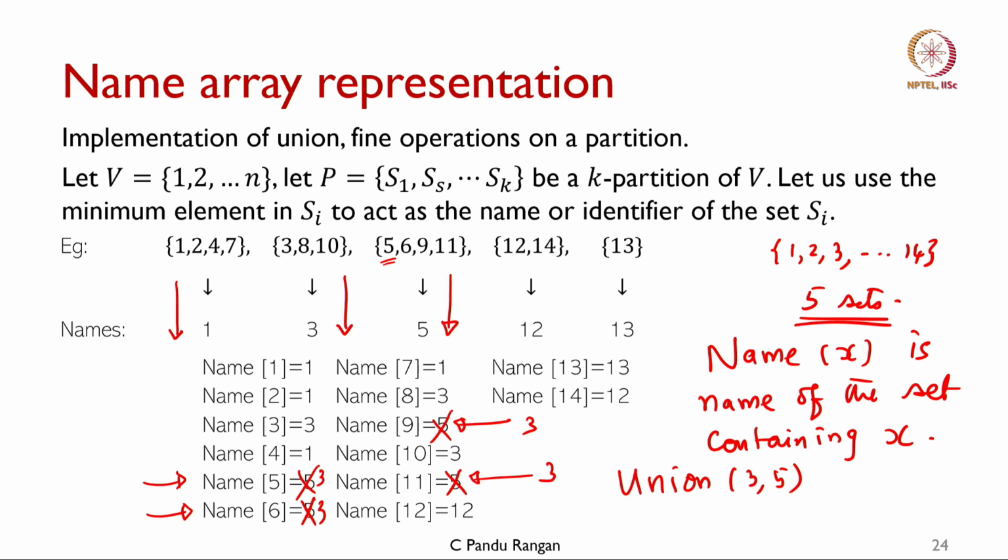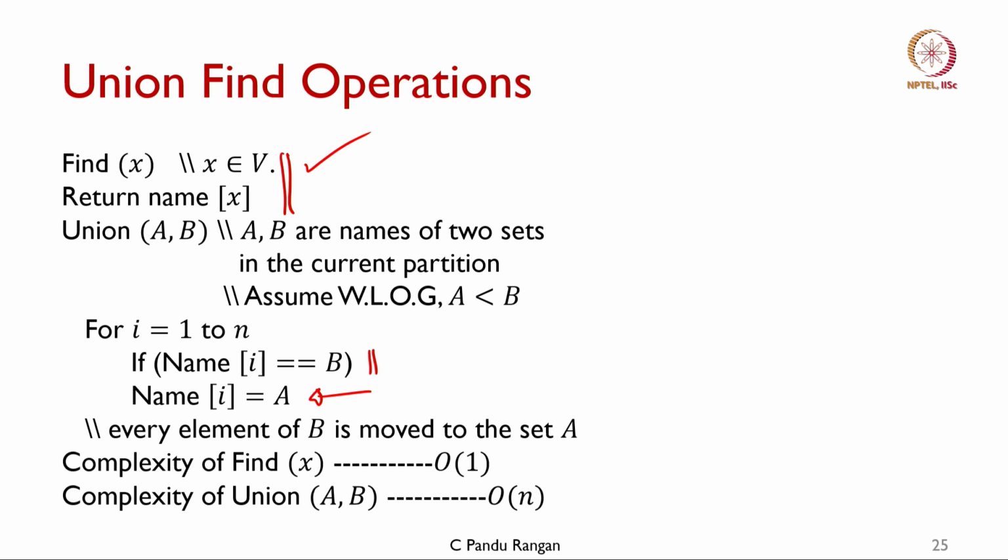That is the logic implemented here. For i equal to 1 to n, if name of i is B, change the name to A. If the name is 5, change to 3. Generalized here: if the name is B, change to A. Notice that A is smaller than B. So, in one pass through the name array, wherever there is B, it will be changed to A.